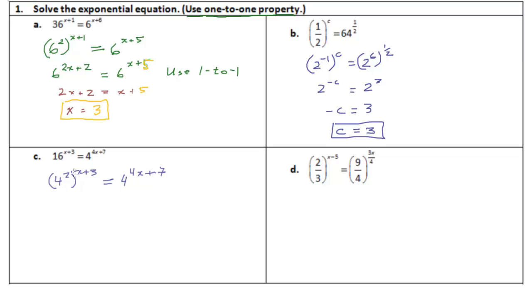Simplify by multiplying these exponents on the left-hand side. 2 times x plus 3, it's 2x. Make sure you completely multiply across by 2. 2x plus 6. 4 is equal to 4 to the 4x plus 7.